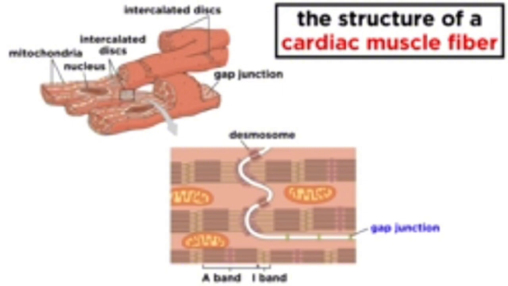The sarcomeres look similar to those found in skeletal muscle fibers, but there is some variance in the diameter of the myofibers, and there are more branches amongst them.